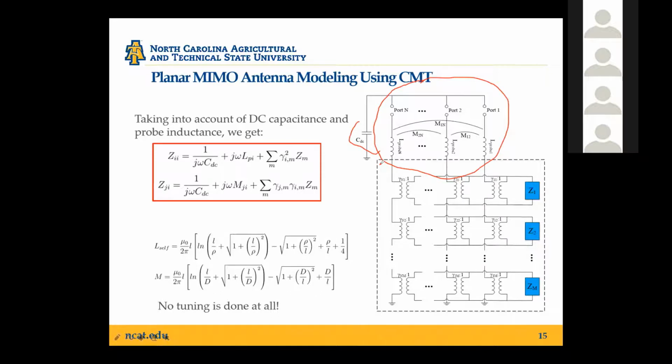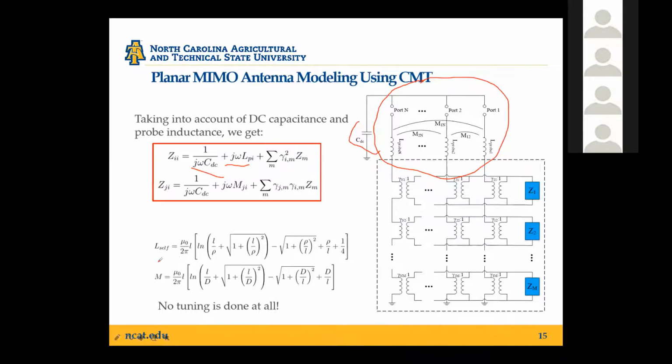Once you include the physical probes, you will introduce probe inductance, and you also introduce DC capacitance. That's why those extra items have to be added to the circuit model. But I want to claim that all those inductances and DC capacitances are pretty straightforward to calculate. There's no tuning you need to do.